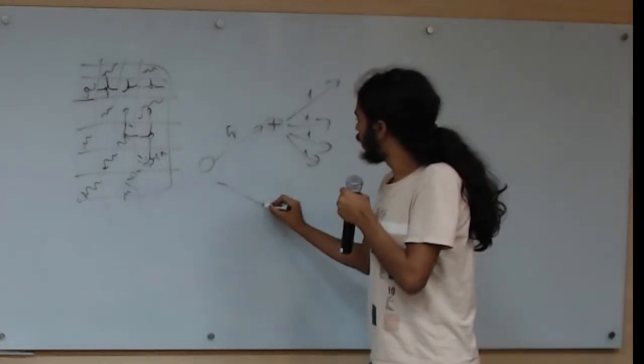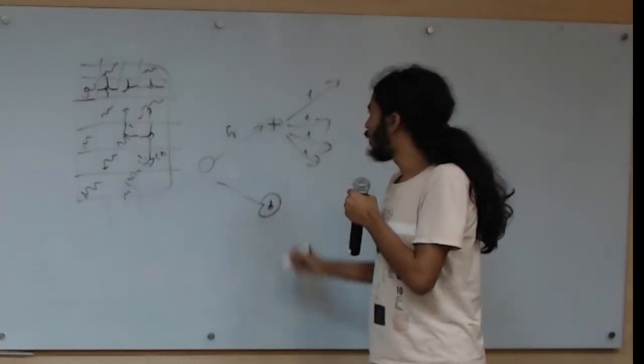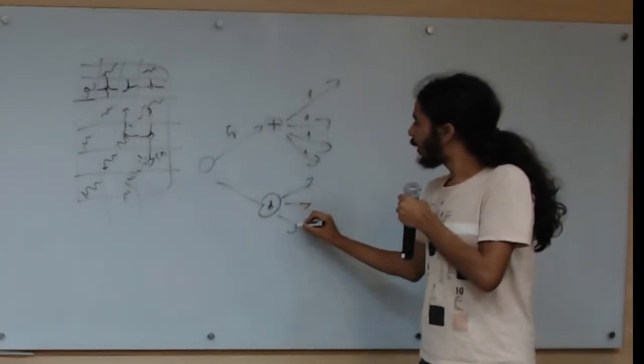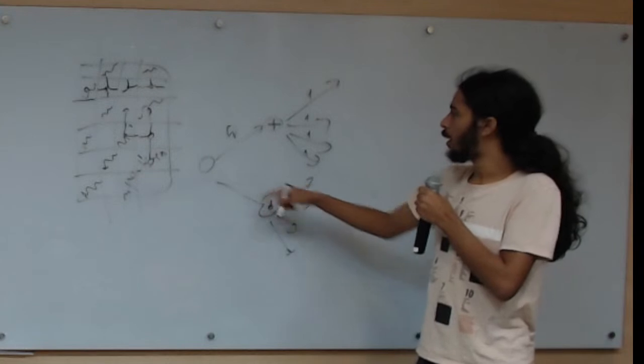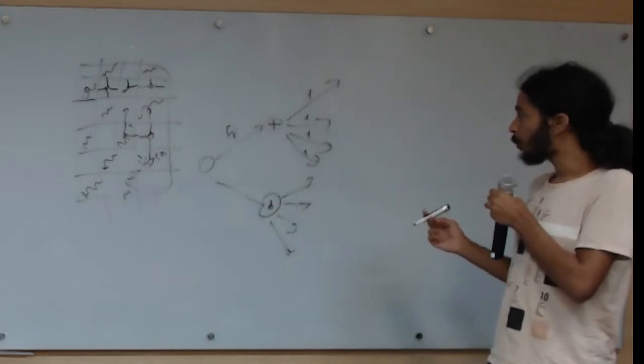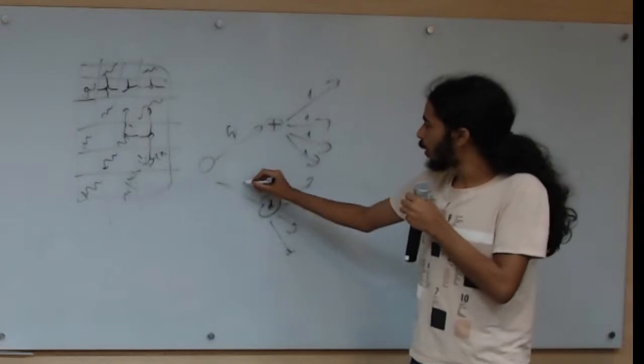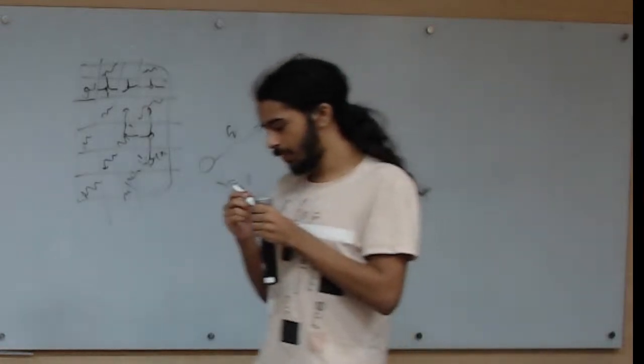For the 1 tile, it's also easy because you connect it to its 4 neighbors, but the capacity of the edge going from the source to it is 1. So this is this side.